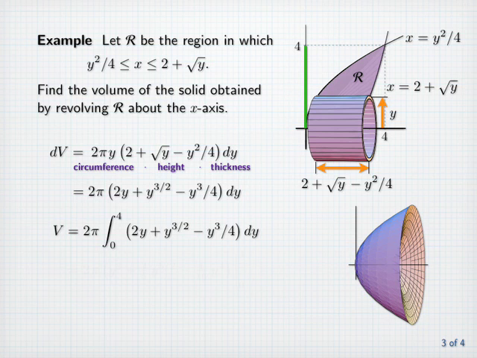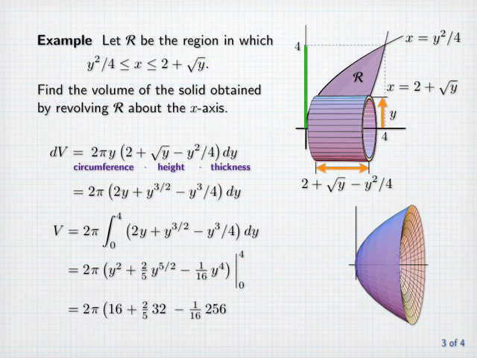Now we antidifferentiate and evaluate between 0 and 4, obtaining 2 pi times (16 plus 2/5 times 4 to the 5/2 power, which is 2 to the 5th, or 32, minus 1/16 of 4 to the 4th, which is 256) minus 0. Now notice that 1/16 of 256 is 16, and so the quantity in parentheses is exactly 2/5 times 32, or 64/5, and 2 pi times that is 128/5 times pi.